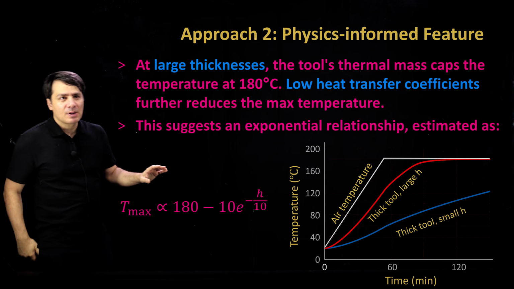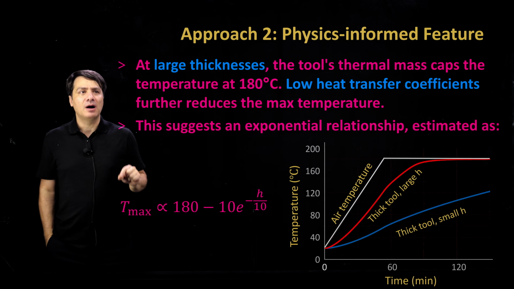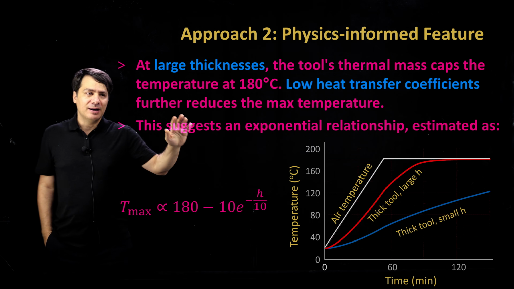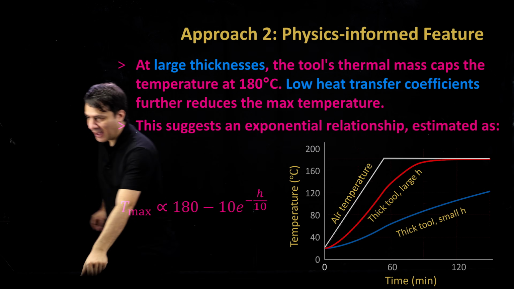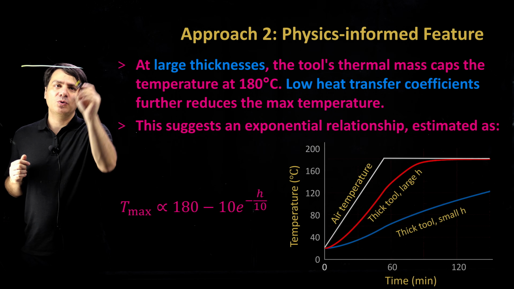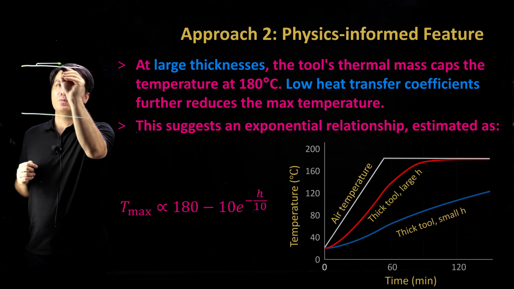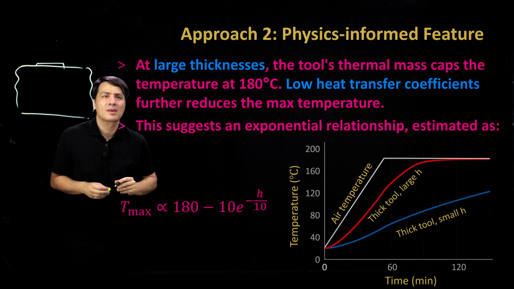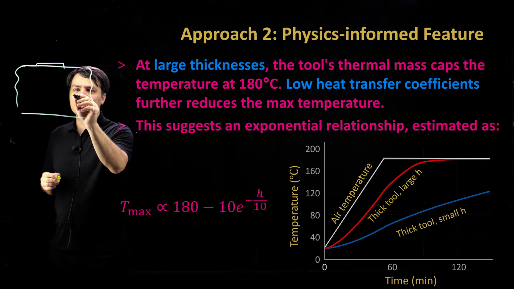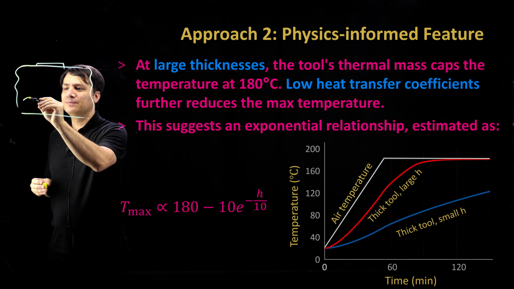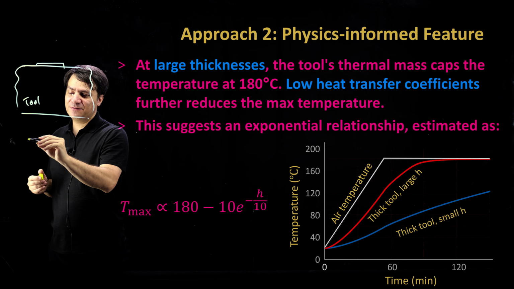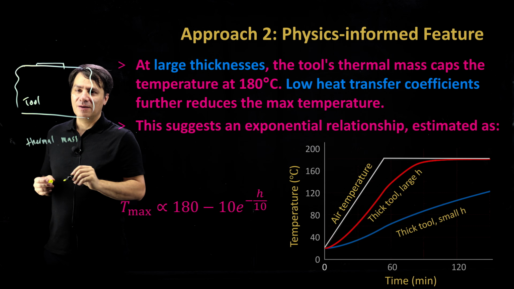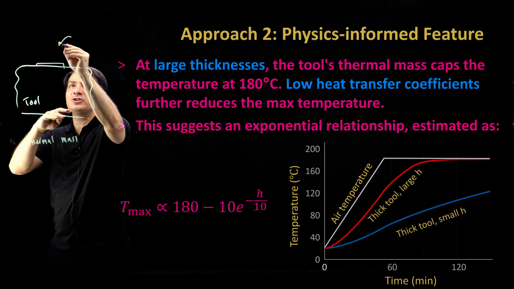So first, we need a bit of understanding of what is actually happening. What are some of the correlations here? If you look at a case where you have an extremely large tool thickness, and you're trying to cook something very tiny on top of that, this tool is so massive that it becomes a massive thermal mass, which basically slows down the whole convection.